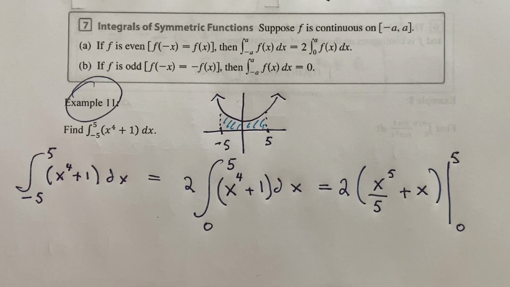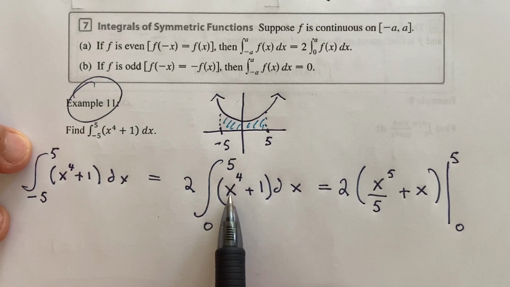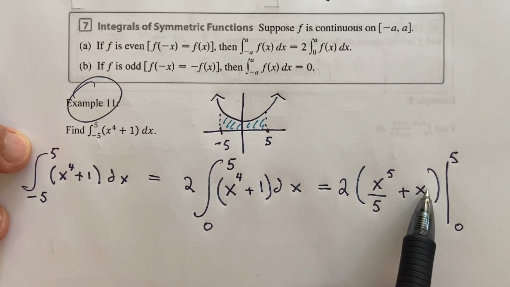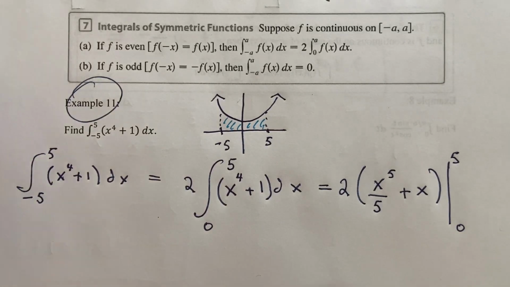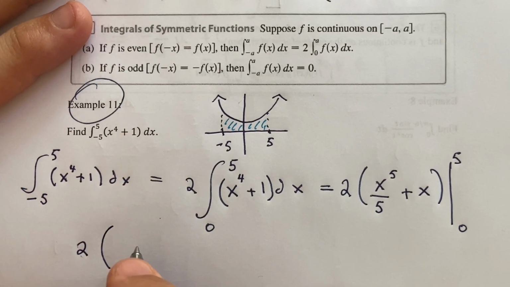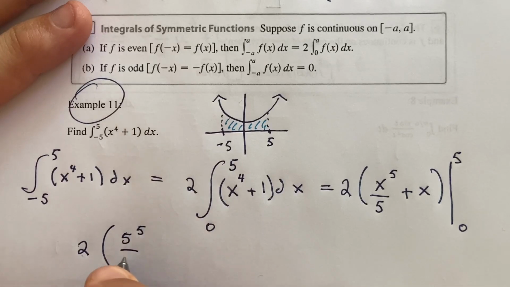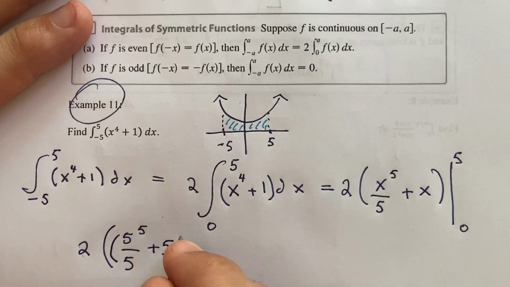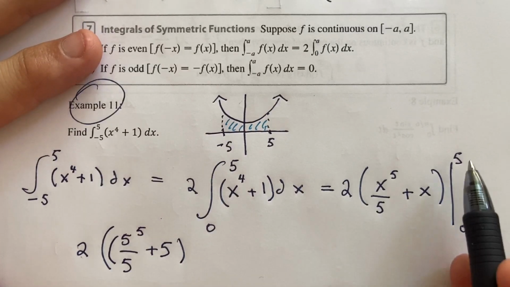Right, so I increased the degree by 1, divided by that new power. So 2 times 5 to the 5th over 5 plus 5. So I'll use more parentheses. So that's evaluating at 5.